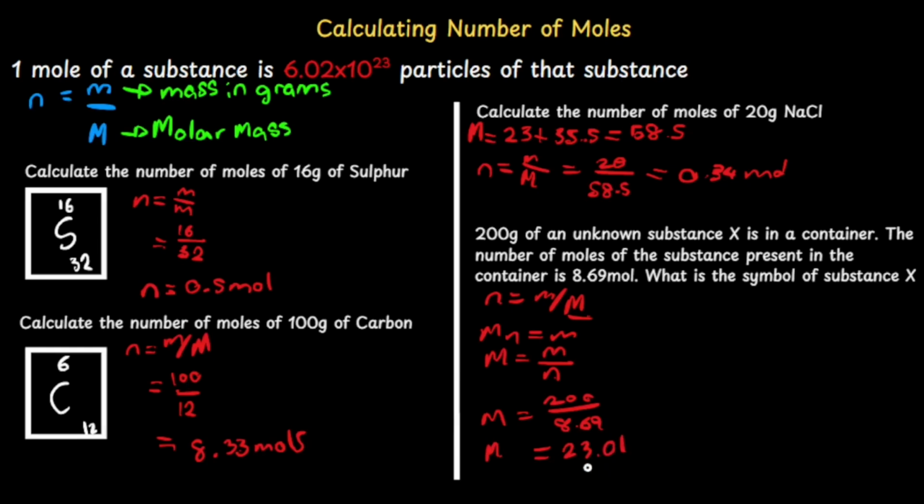Let's go ahead and grab our periodic table. Looking at our periodic table, we now have to find an element that has a molar mass of 23.01. This is quite simple. We can see that sodium has a molar mass of 23. So that means that our unknown element X is equal to sodium. And we have now given the symbol for the element that we have found. Our answer is completed. We have solved the question.